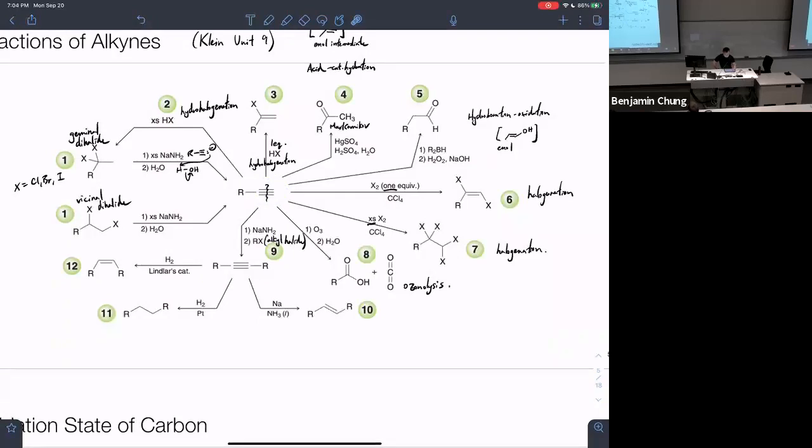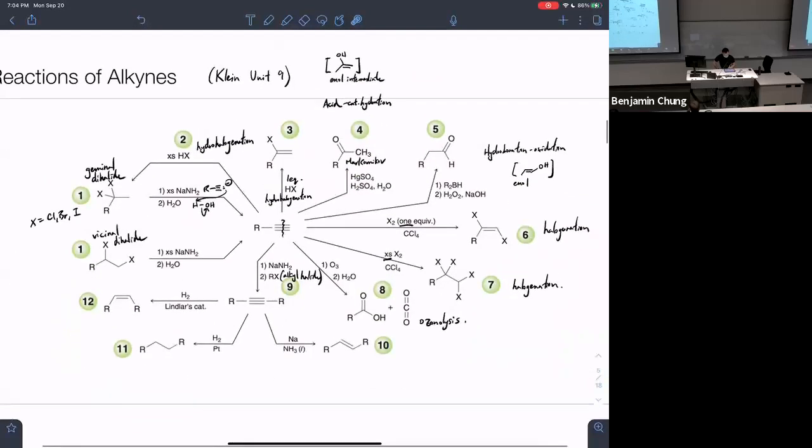And then we can do various hydrogenations with alkynes just to completely saturate them or partially saturate them. So like before with the alkenes, we can do just a catalytic hydrogenation. Also, we can use other metals as catalysts as well.